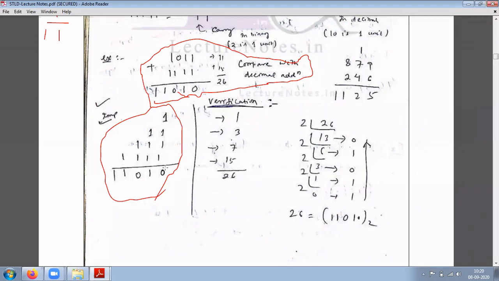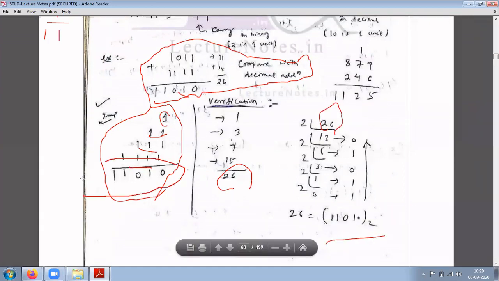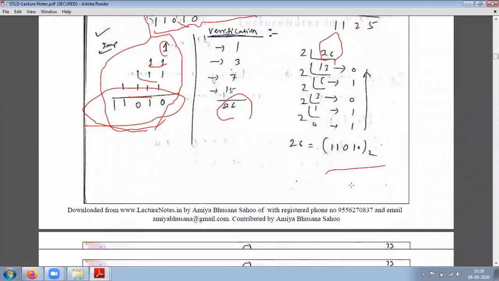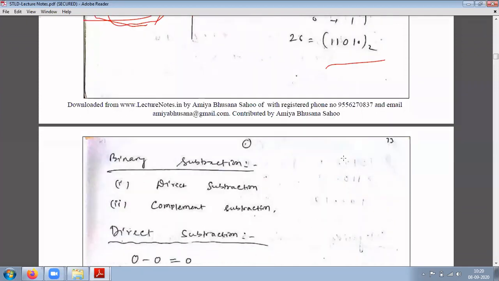You can convert to its decimal value and verify. The values are 1, 3, 7, 15. Add them and you get 26. Convert 26 to binary and write it here quietly, so that no one knows you wrote it directly. This is the way you can cheat. Getting it? Yes, sir. All of you have understood the direct addition.